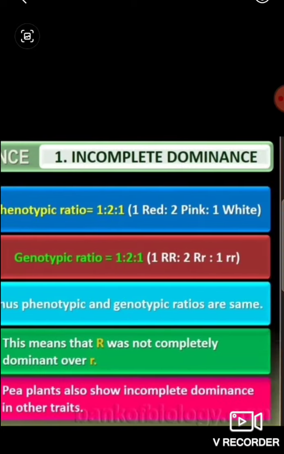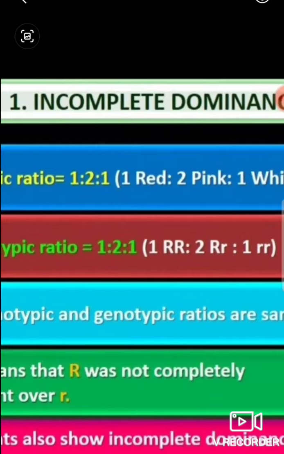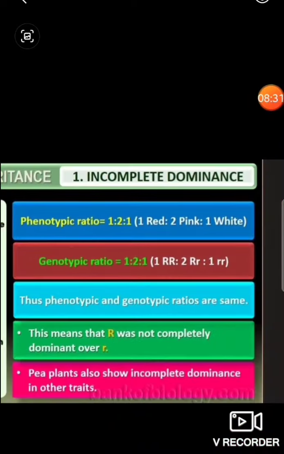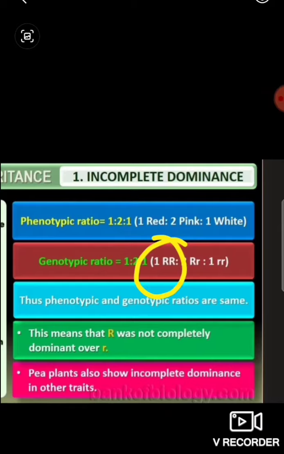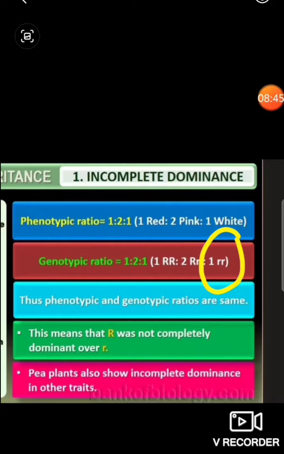On the basis of that, one is capital R capital R, 2 are capital R small r, heterozygous condition, and again 1 is small r small r.